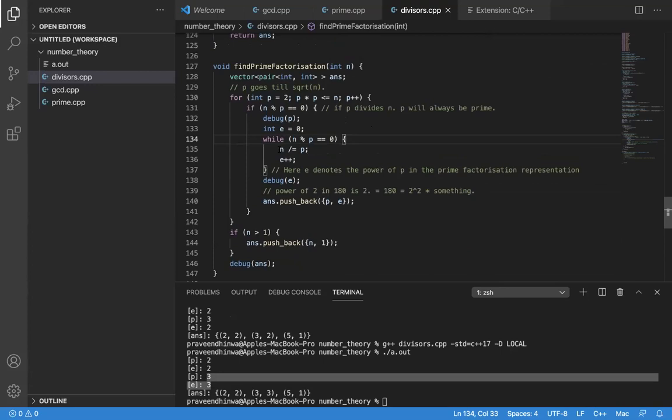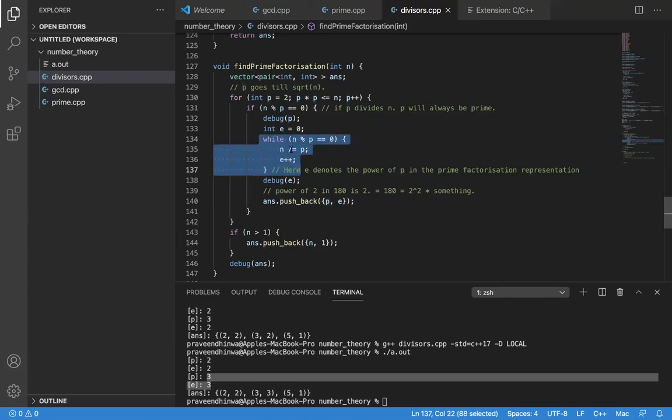So if you don't divide n by p, then in the next iterations you cannot guarantee that the next number is going to remain. So the next p that comes in iteration may not be prime. Is that fine? Because suppose I don't do this.